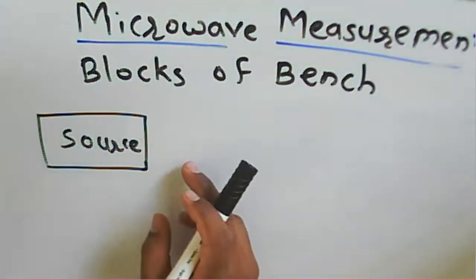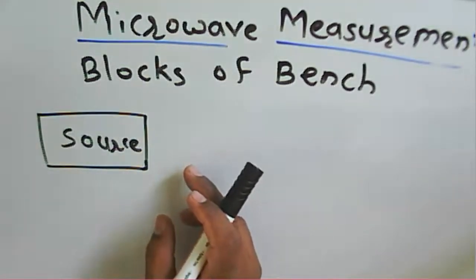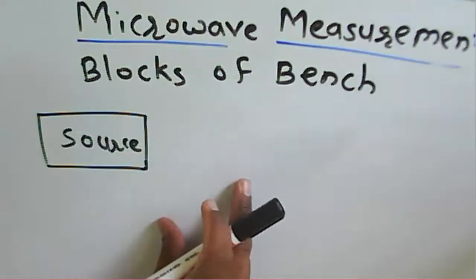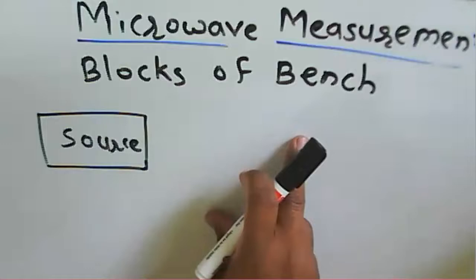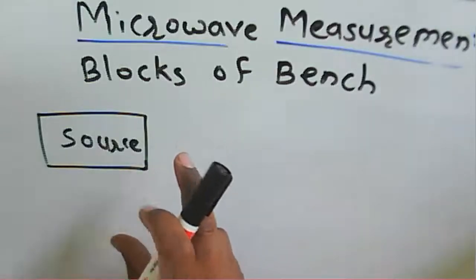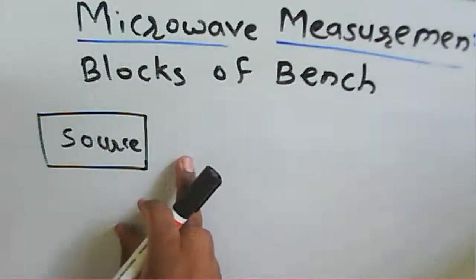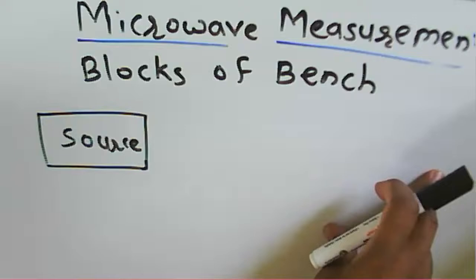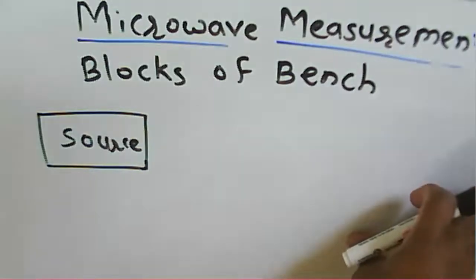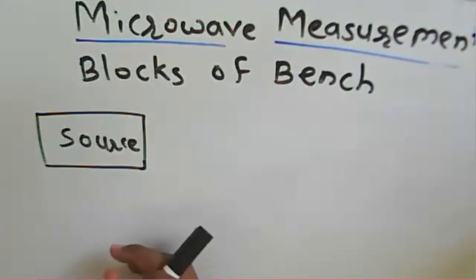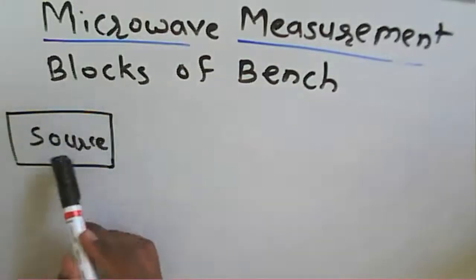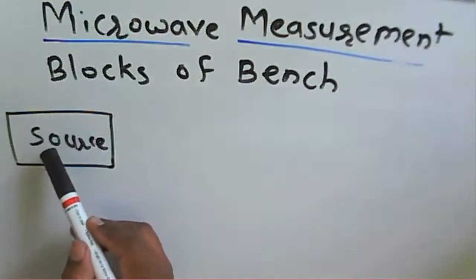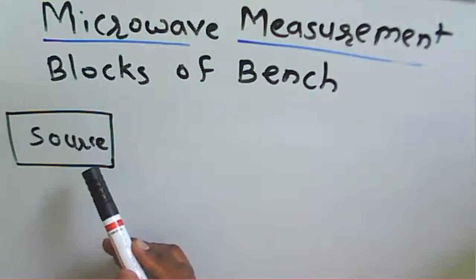Why a reflex klystron? Because it provides a modulated signal, a 1 kilohertz signal, so that we get that 1 kilohertz signal at the output across the detector. We will see in detail which bands are used. Or, instead of the reflex klystron, we can use a Gunn oscillator.